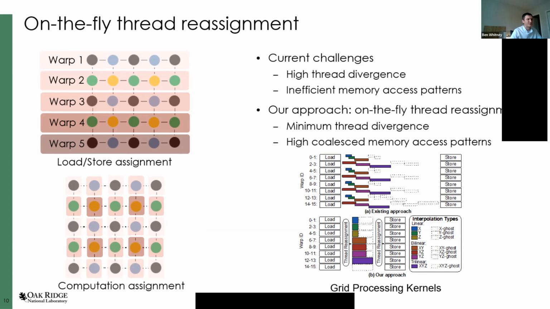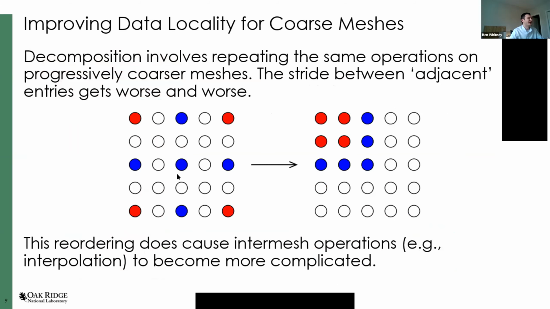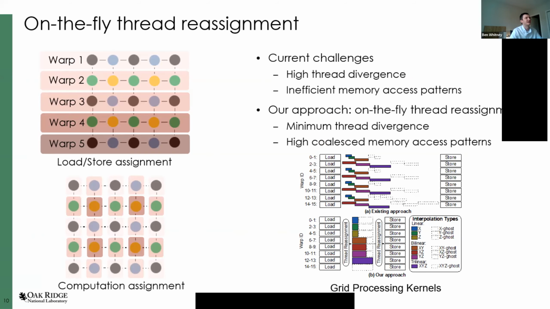This is occurring because we organized the threads so that the threads corresponding to a single cache line would be working together. And this is good for reading and storing, bad for interpolation. So what Jiang's done is, after the loading step, he reassigns all the threads to different warps so that all the threads doing one type of interpolation are working together.